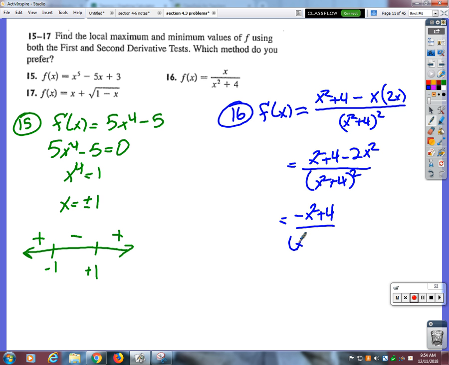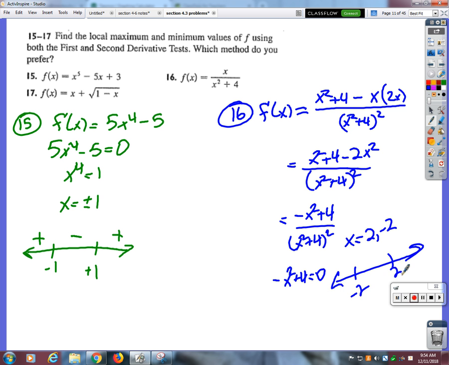Right, and then in this case again, we're not going to worry about the bottom because that'll never be 0. So I just need negative x squared plus 4 to equal 0. So x equals 2 or negative 2.